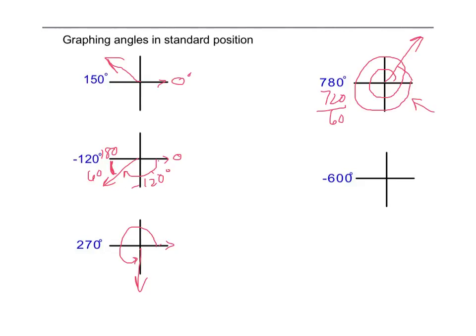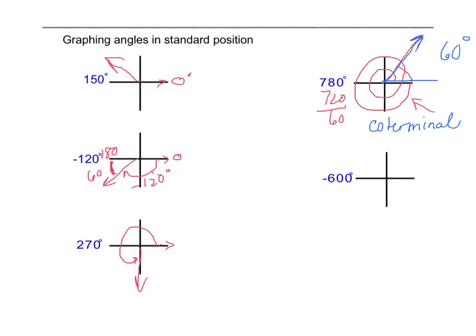Here's the interesting thing. If I just graphed 60 degrees, I would still start here, and I would end up here, right on top of this one. Because the terminal sides end up in the same place, the angles are said to be coterminal. They don't have the same degrees, but they end up in the same place. That's what makes them coterminal.